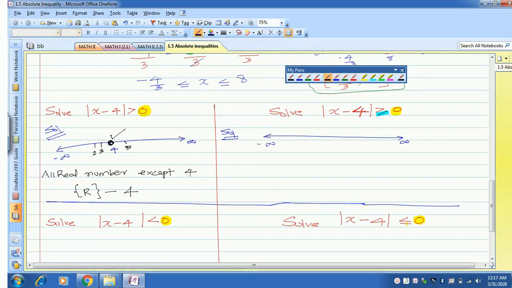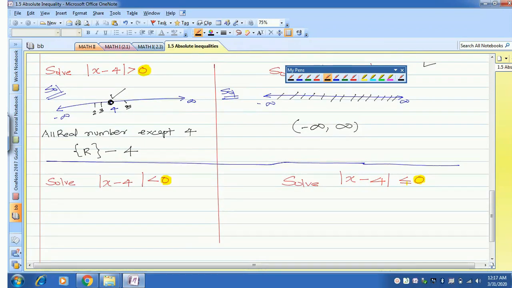Whenever you come across greater than or equal to 0, the answer is minus infinity to plus infinity, because all the numbers satisfy it. In the last problem equal was not there, therefore I excluded the number, but here you have equal, therefore I include the number.